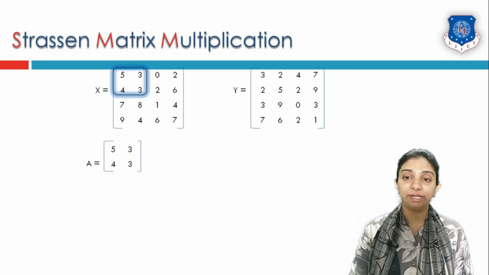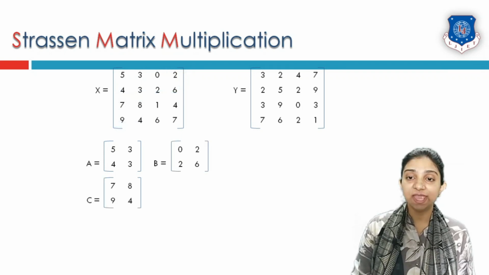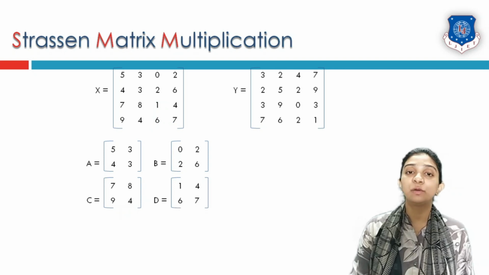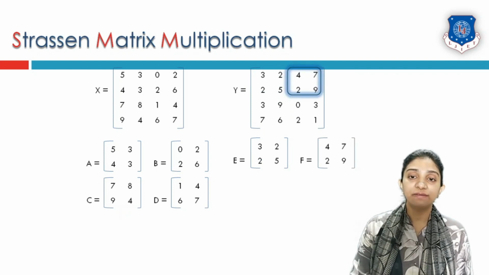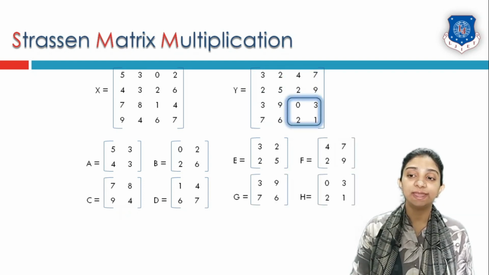This is my component A, this is component B, component C and component D. So likewise from matrix Y, this is E, F, G and component H.